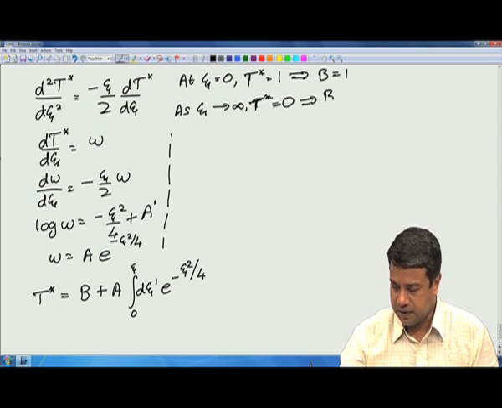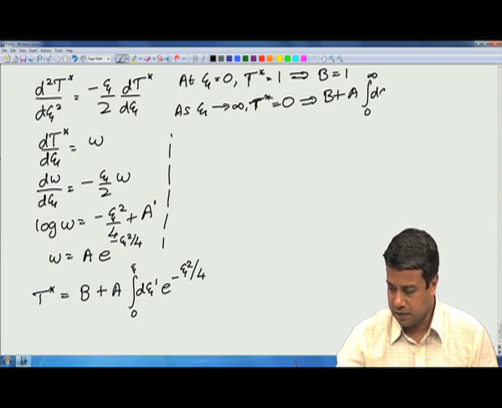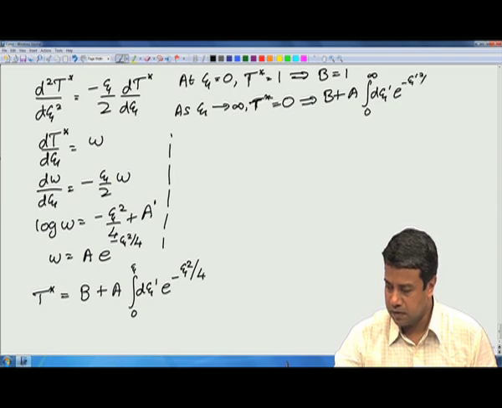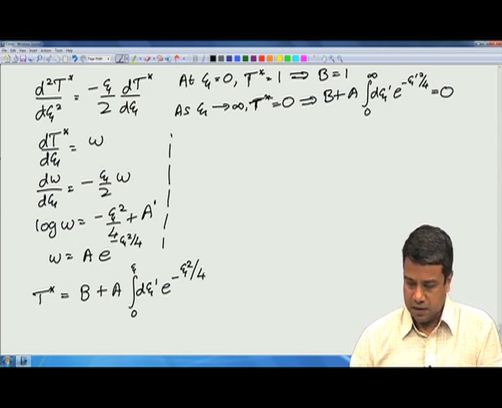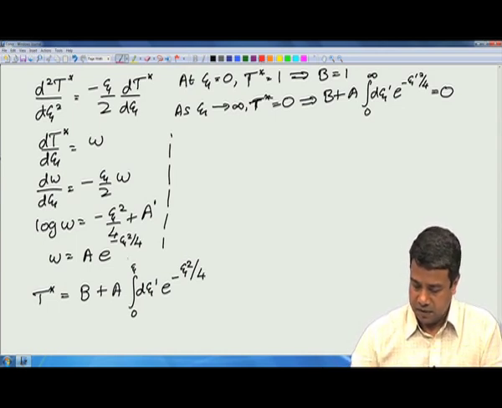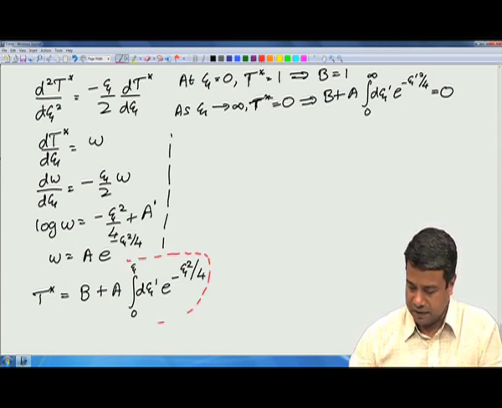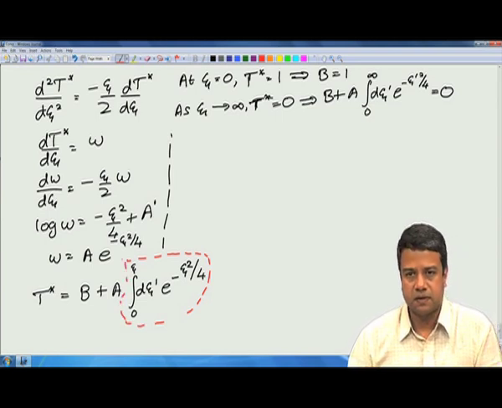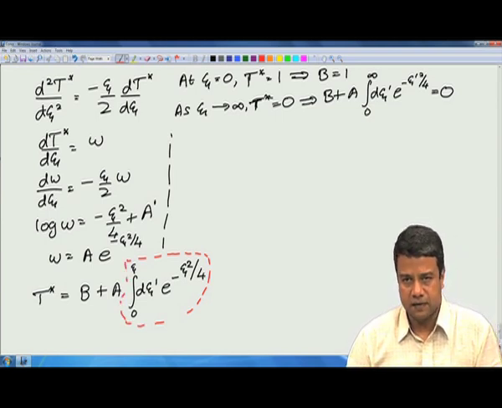This means that b plus a integral 0 to infinity is equal to 0. This integral you cannot express analytically further. It's a Gaussian integral. It is what is called an error function.